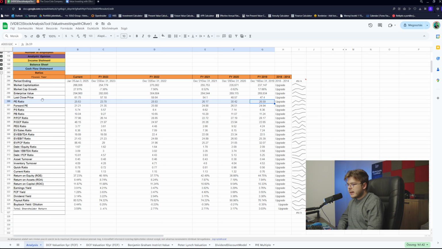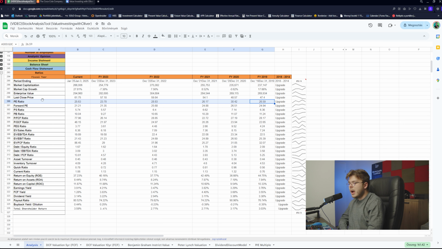We can see that their price to earnings ratio is just as usual around 25-ish. Sometimes it runs up to 30, maybe it comes down to 23, but the average would be around 25, 26. And their price to free cash flow has been increasing, so this is not a good sign in terms of the price to free cash flow.